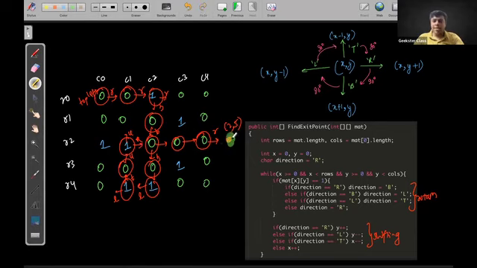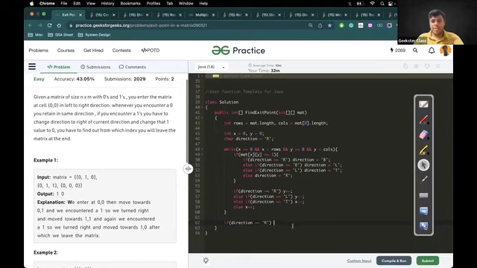If x, y is 2, 5, what is the exit point? It is the last cell within the matrix. It is 2, 4, that is x, y minus 1. So what will we return? We will return an array. I am directly returning from this line only. I will return an array of x, y minus 1. So this is when we went out of the matrix from the right wall.